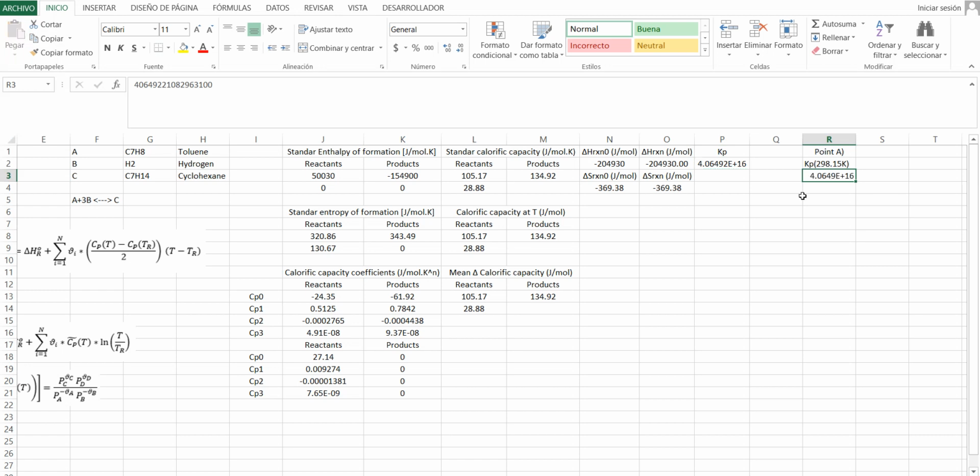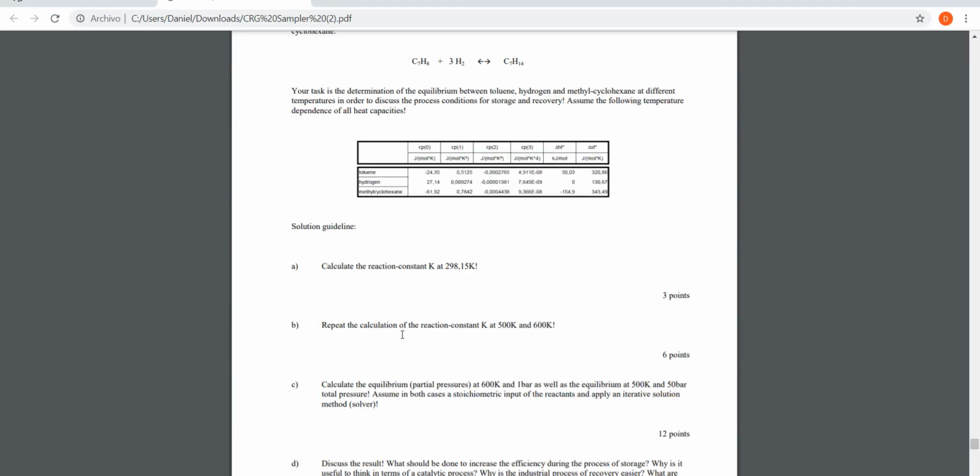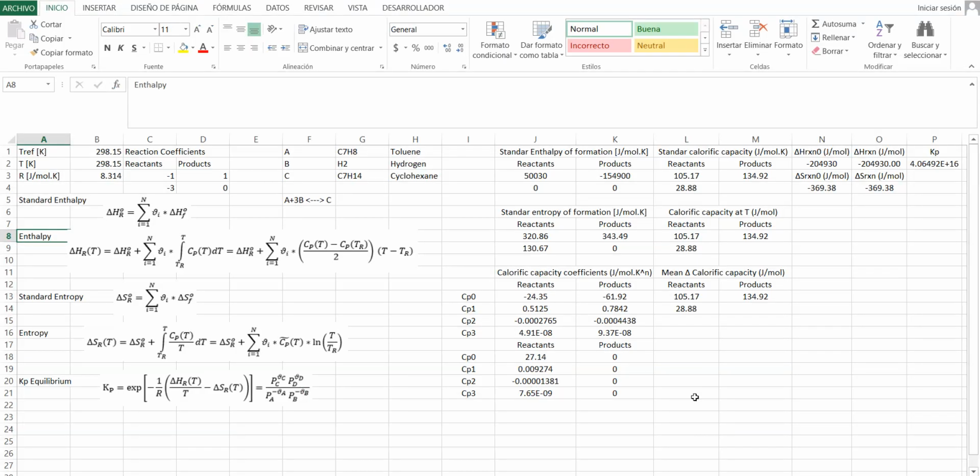So let's continue with point B. It says, repeat the calculation of the reaction constant K at 500 Kelvin and 600 Kelvin. So for point B, we need to do pretty much the same thing.